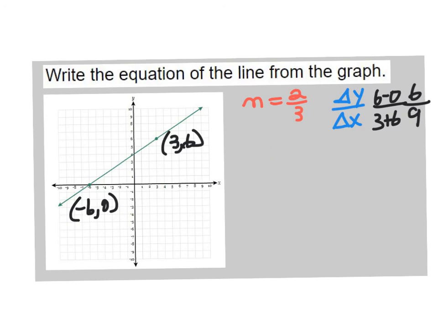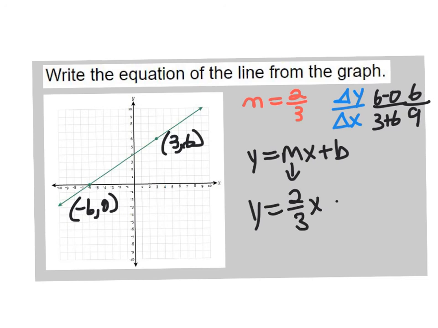So we already know our slope. Remember, we're writing this in y equals mx plus b form. So we know what our m is. Our m equals 2/3. So we could write this as y equals 2/3 x. Now we just need to know what the plus b is. Well, remember the plus b is called the y-intercept. That's where the graph crosses the y-axis because the x is 0.